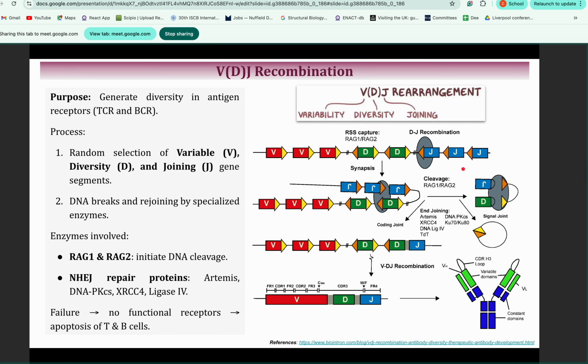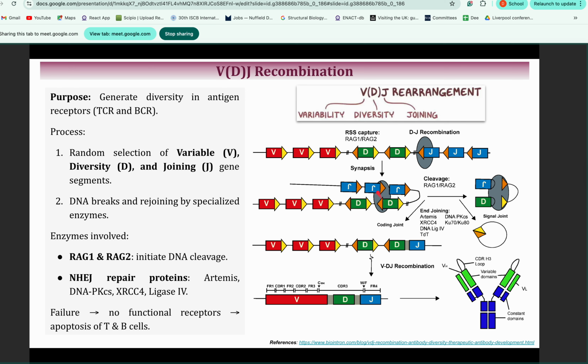Similar thing is mentioned here, how after synapsis these can recombine. So there is recombination taking place after the cleavage, and they get rearranged. Now this segment is removed with the help of RAG1 and RAG2. There is cleavage of this segment, it is removed, and then there will be end joining with the help of these enzymes. So the intermediate, the middle fragments get lost.